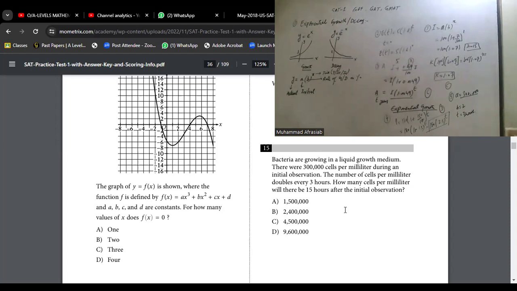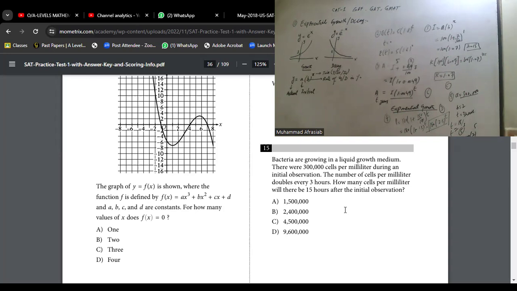How many cells per milliliter will there be after 15 hours of this initial observation? For every 3 hours they are going to be doubled, so 15 over 3, that time is equal to 5. So y is equal to a, which is 300,000, the rate is 2 and it is power 5.